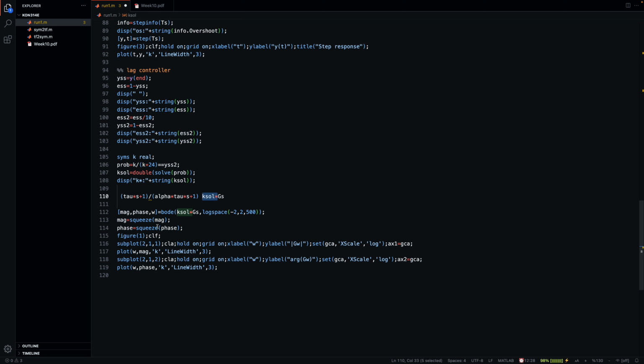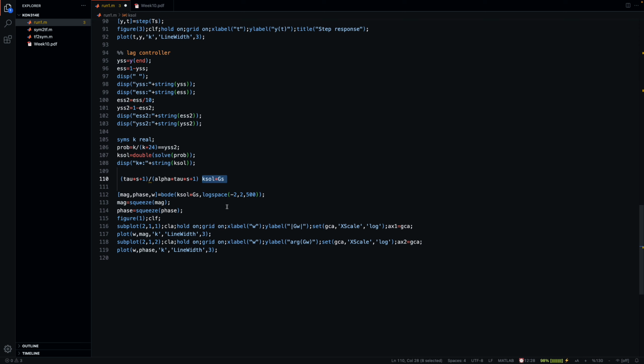If you want to see the Bode plot of this, the phase angle will not change, but the magnitude plot will be shifted upwards with the factor K sol. So you should do your calculations manually then. But I'm not going to do that because I'm introducing you to the design methods and exemplifying them, so it should be a bit easier to understand. So I'm just going to skip that, and we are going to design the lag controller now.